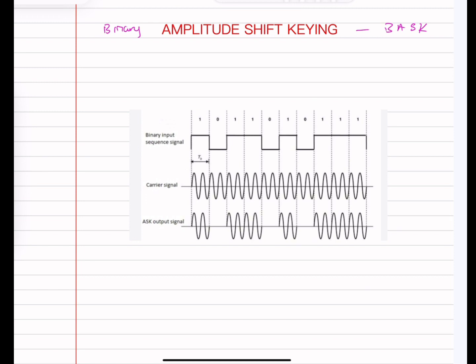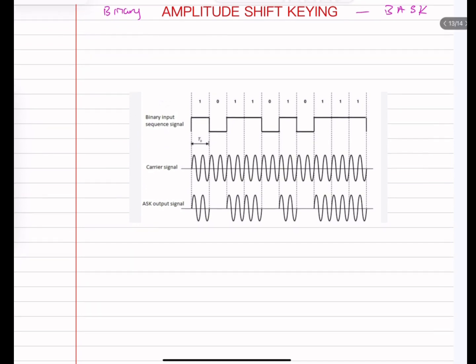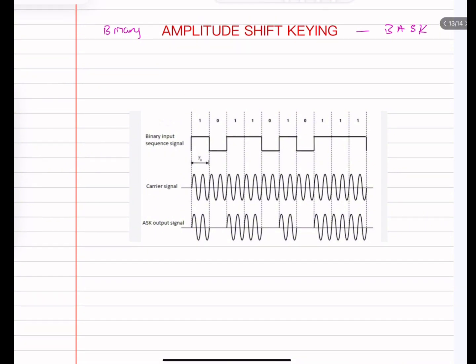Basically, amplitude shift keying is a type of digital amplitude modulation which represents binary data in the form of variation in the amplitude of a signal. What I mean is that it represents how the carrier signal changes with respect to the change in the baseband signal, which is our digital data.